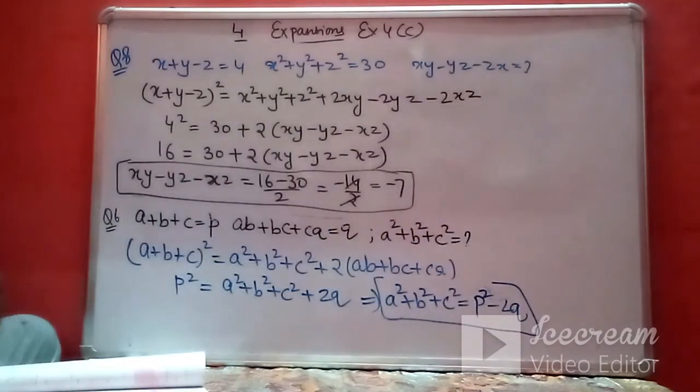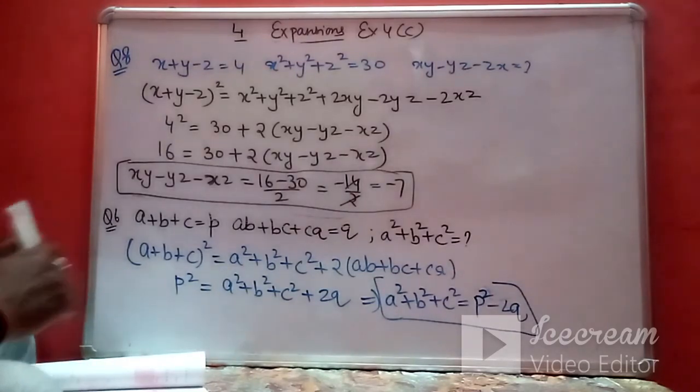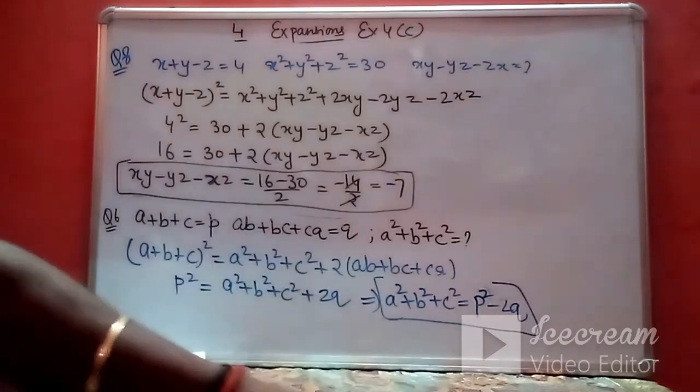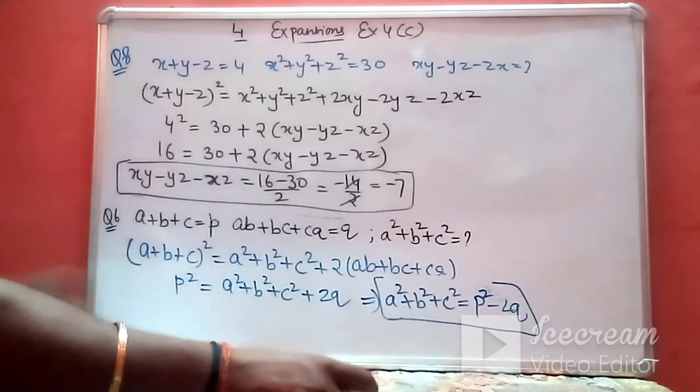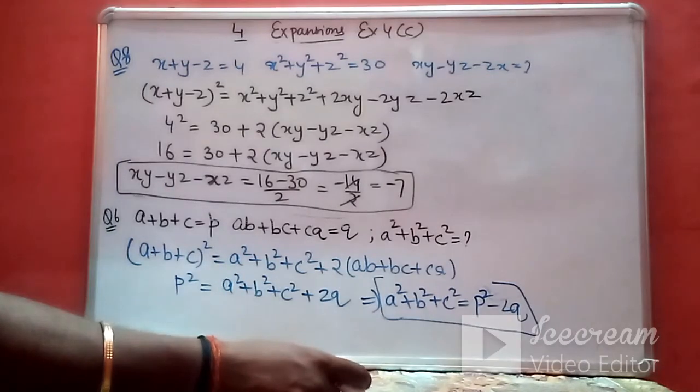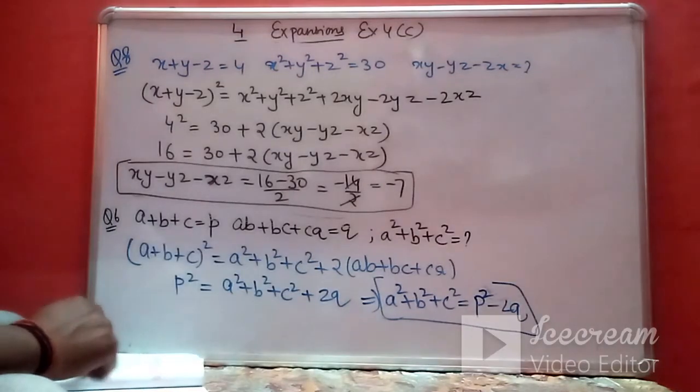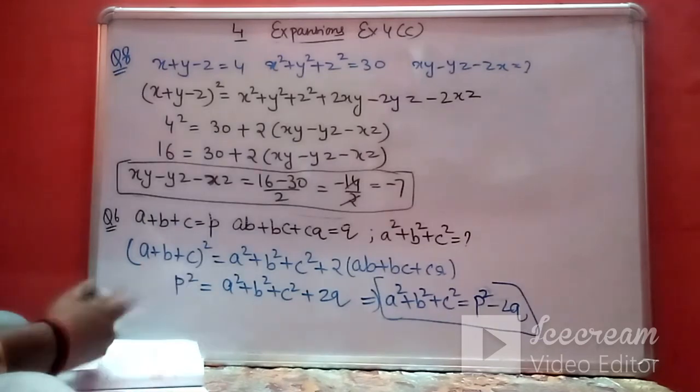Okay, so in this manner we can solve these questions. So this is the end of this exercise 4C. Do the remaining few questions by yourself, and then we will discuss more about these types of expansion questions. Okay, thank you.